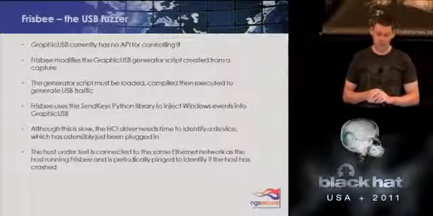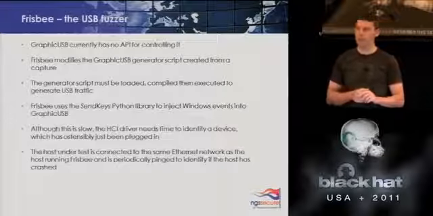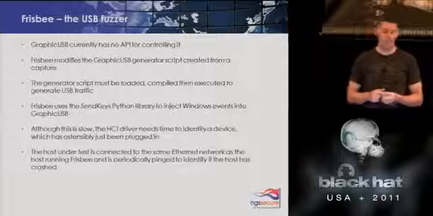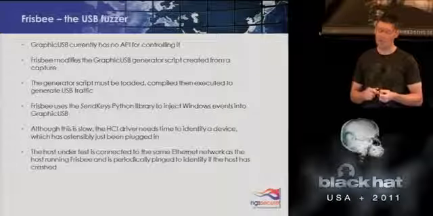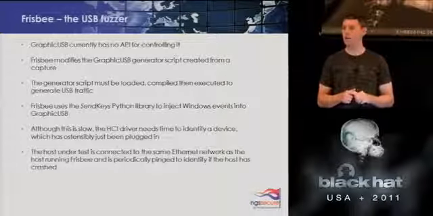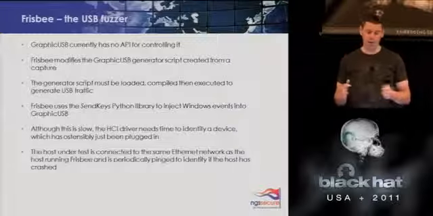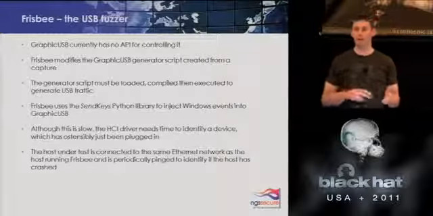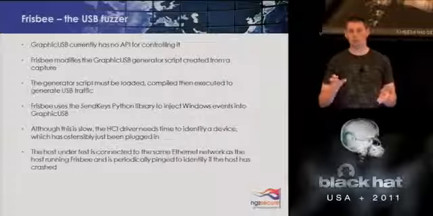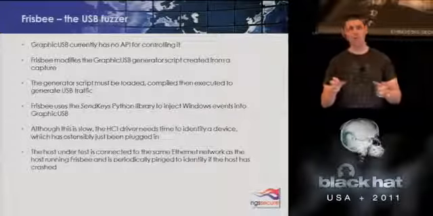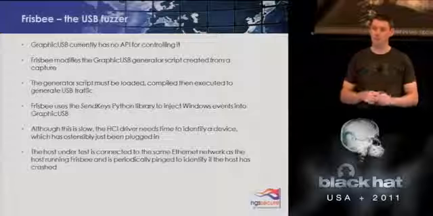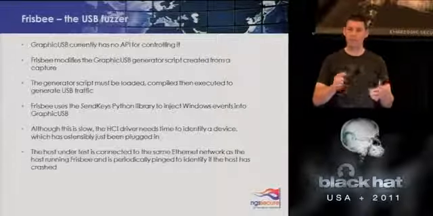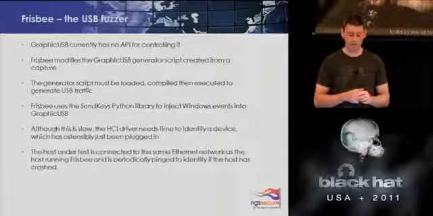Although it's not a particularly elegant solution, Frisbee uses the SendKeys Python library just to inject Windows events into that GUI. Only a small amount of interaction is actually required with that GUI because when you kick it off, you can use the name of the script that you want to use as a parameter, and then all you need to do is hit F5 to compile it and F7 to execute it.